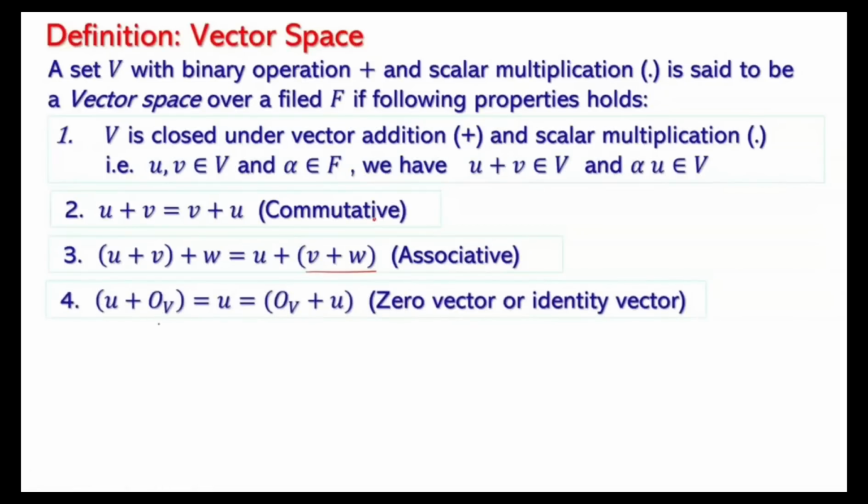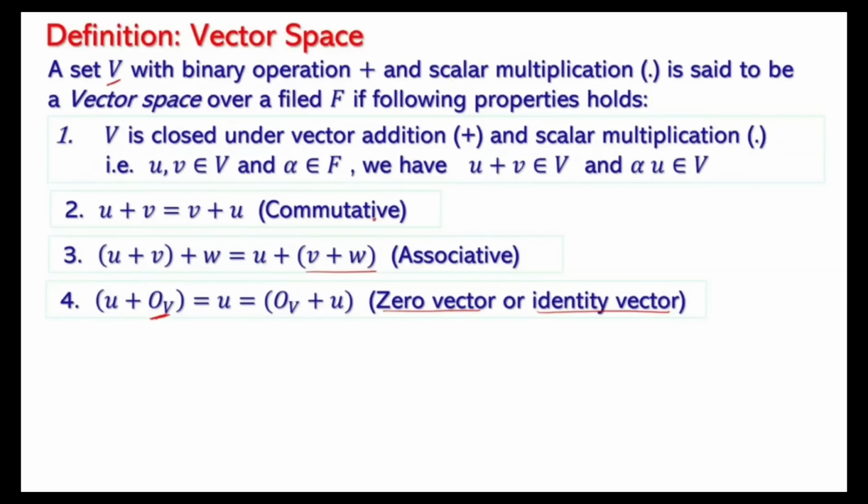Now one of the important parts is the zero vector or identity vector. So what is the zero vector? For any vector U, there exists another vector in the set V, which is denoted as 0V because we call it the zero vector.